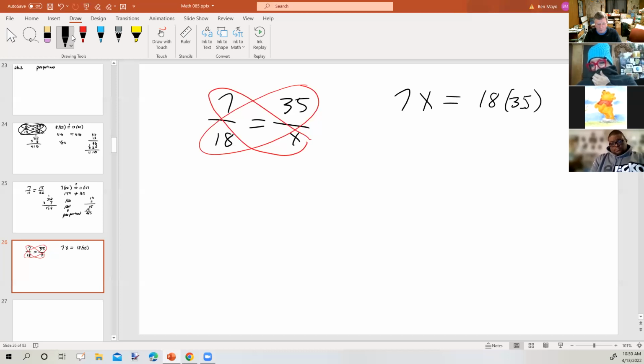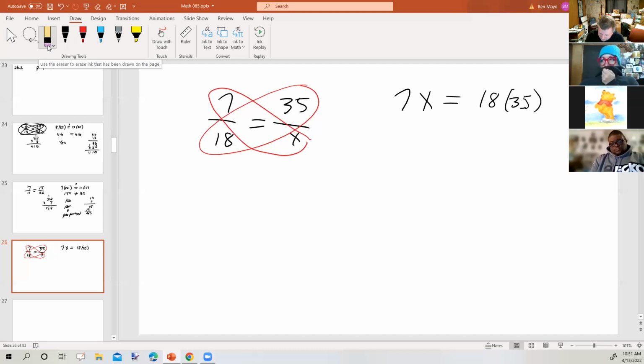Now, I want to point out some things. When you're multiplying a number times a variable, such as what we're doing here, we put the number in front of the variable, and in fact, we don't need to write the multiplication sign. If a number is right up next to a variable, multiplication is implied.